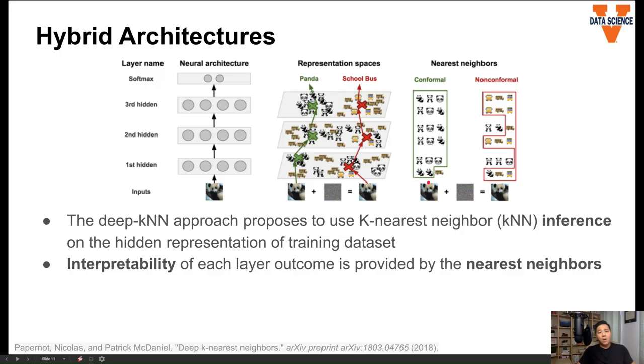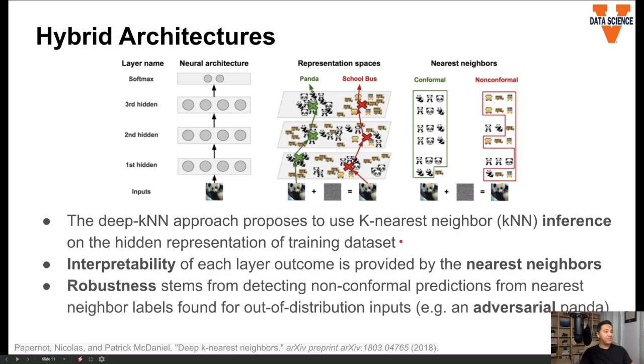And this is shown to be effective when you have adversarial examples, which we talked about as a limitation of machine learning. So if you have an adversarial panda right here and you do the same thing with the deep KNN mapping, you realize that there is a lot of non-conformity among the neighbors.